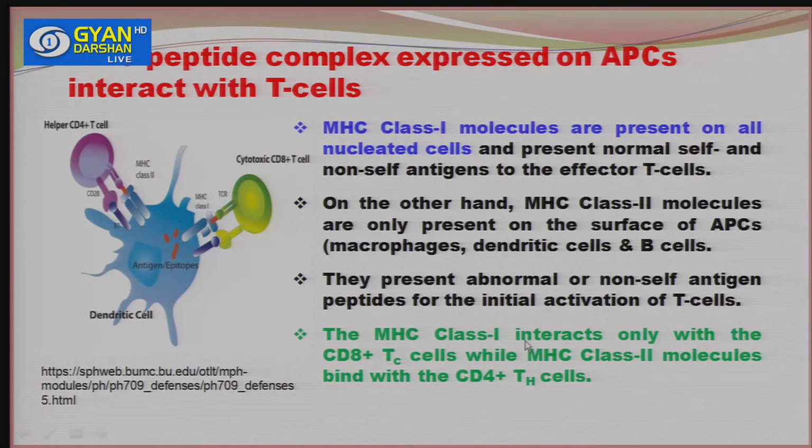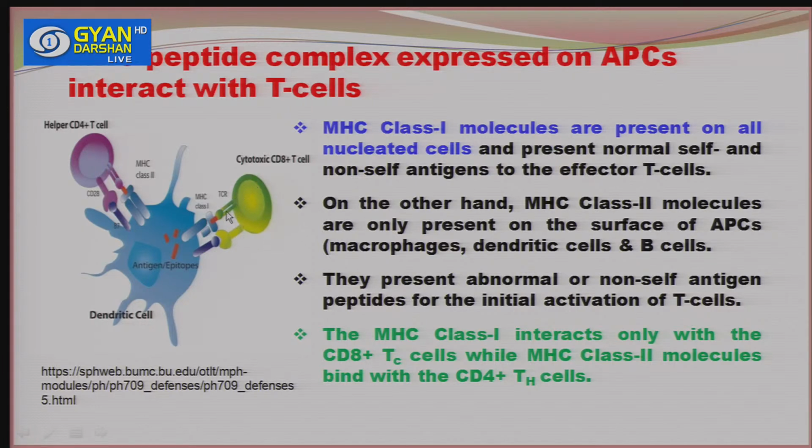The MHC class first interacts only with CD8 positive cytotoxic cells, and MHC class second molecules bind to the CD4 T helper cells. So these are the mechanisms. Here are the helper T cells. Here are the cytotoxic T cells.